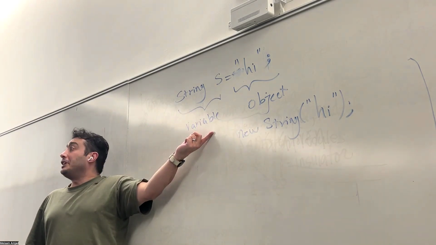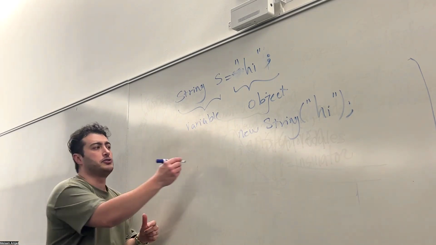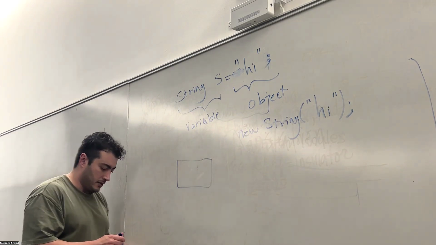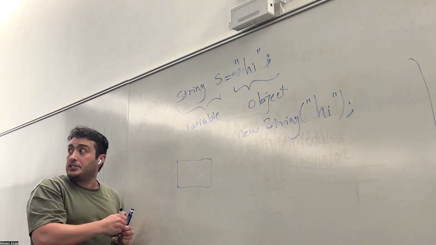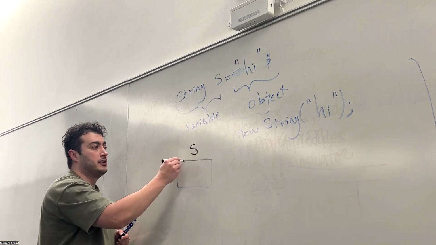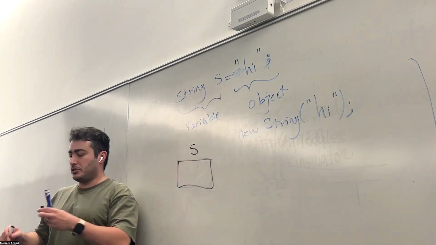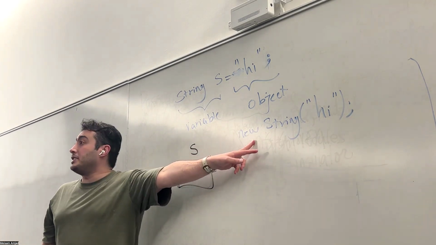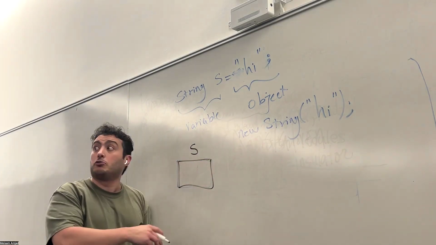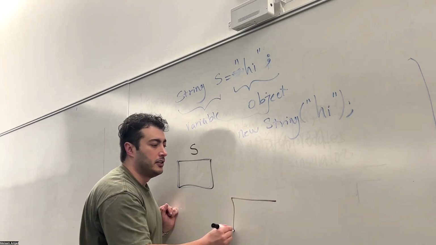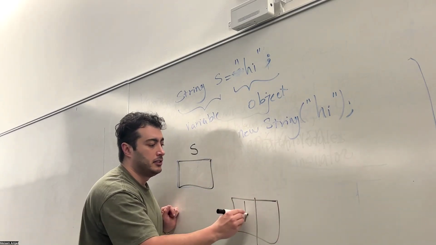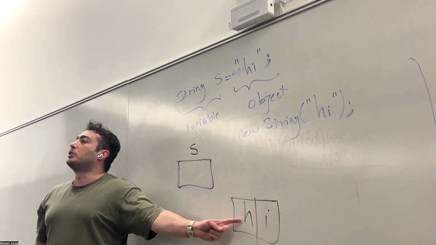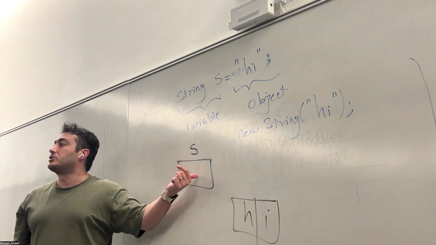So this has two parts. The first part creates a variable for you. Java goes somewhere inside the memory and grabs a part of the memory. We called it S, so it's going to name it S. And then this is the part where you create the actual object. So it's going to go somewhere else, create that object, initialize it with whatever you want, and then whatever the memory location of this object is, it's going to save it inside the variable.